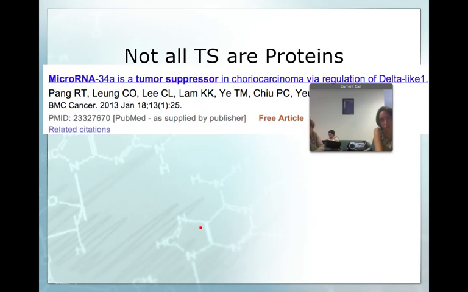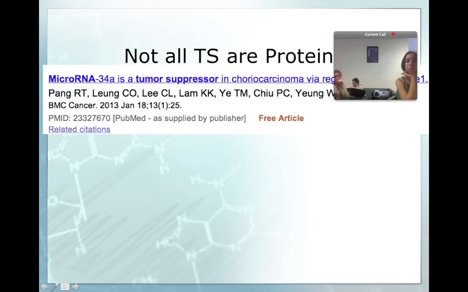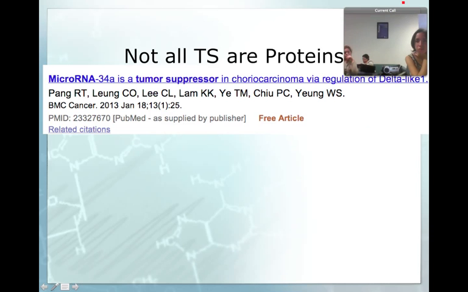Here is the hottest of the research. If you were starting your own lab, you'd be writing grants on this, because this is hot stuff: looking at microRNAs. These are the non-coding RNAs we talked about before when we talked about oncogenes.